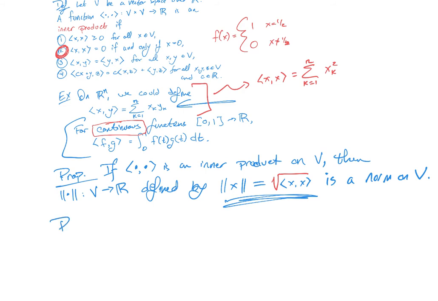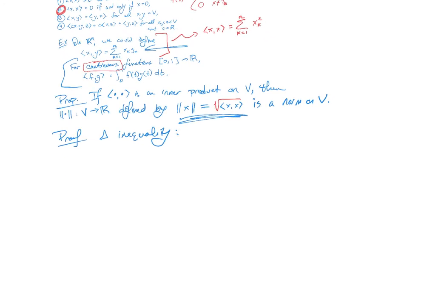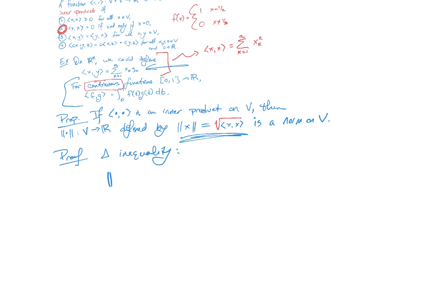Now, we're a little bit short on time. I'll just show the triangle inequality. Let's work through how that works. We're trying to prove it's a norm, so we want the norm triangle inequality. So what we want to do is look at the norm of x plus y, and let's square it.